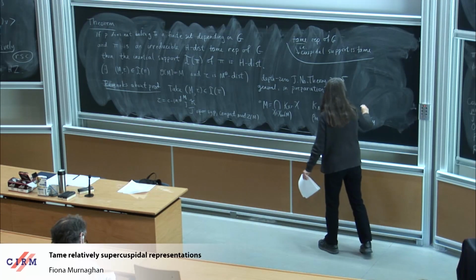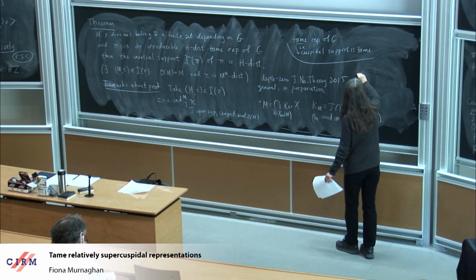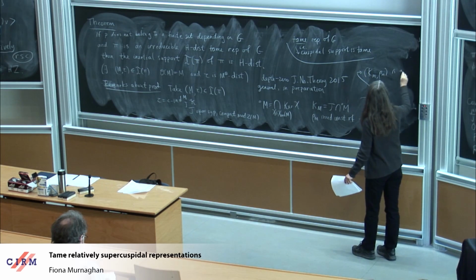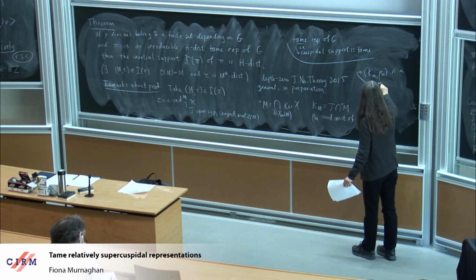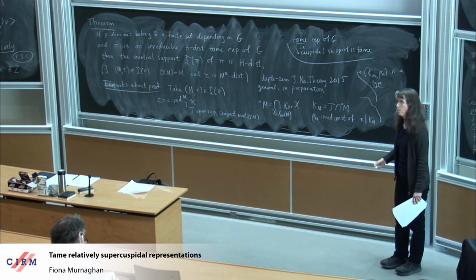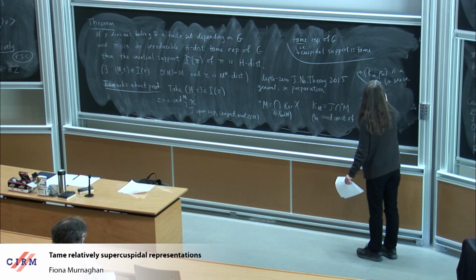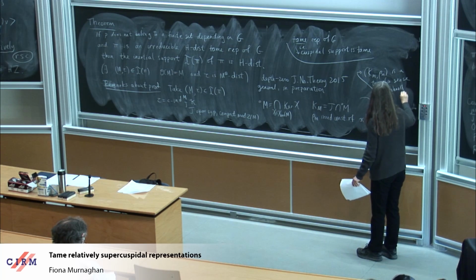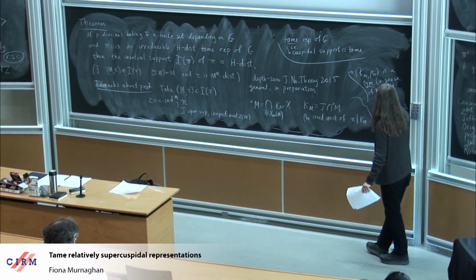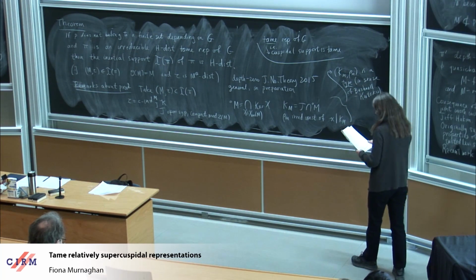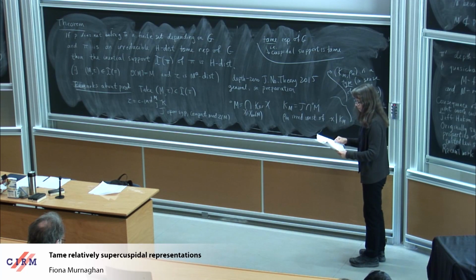Okay, so in this case, this pair is a type in the sense of Bushnell and Kutzko.